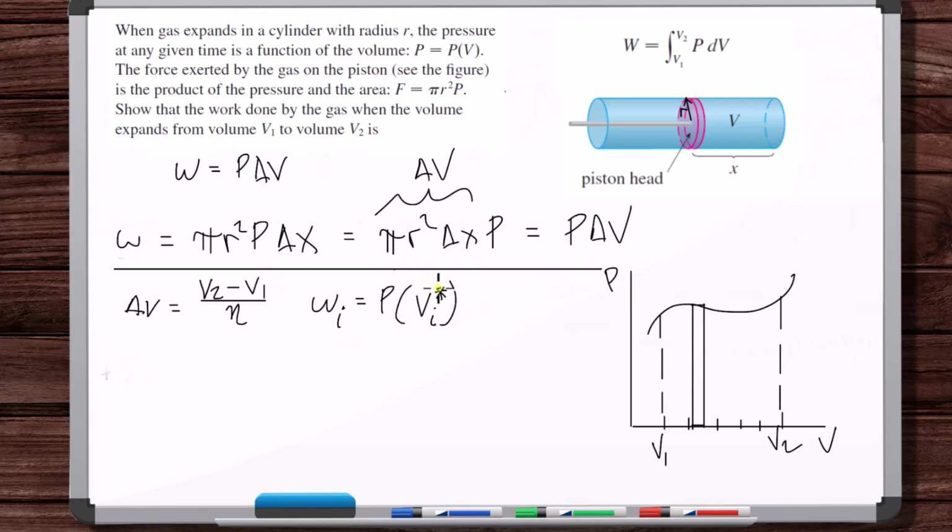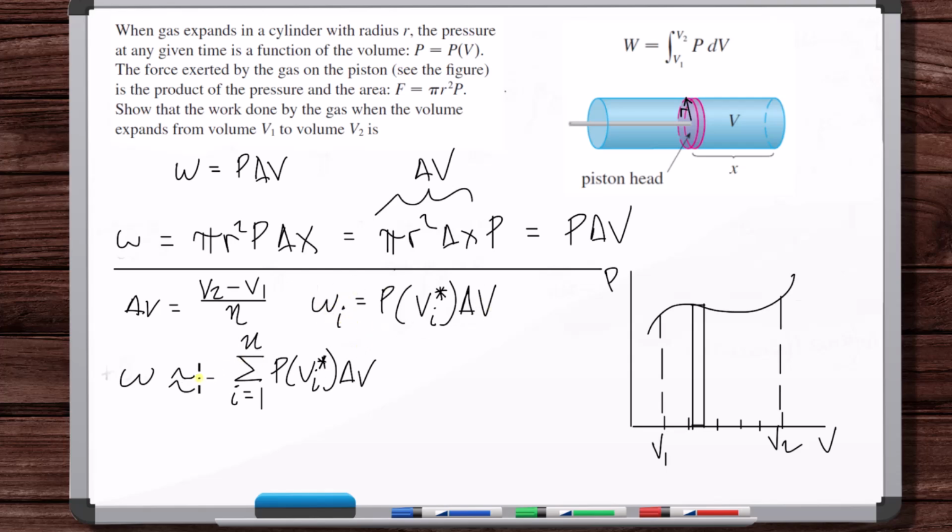So it's that P times the delta V. Okay? So now the work done in the process is approximately equal to the sum from i equals 1 to the n that we choose of P(Vi star) delta V. This is not the work done. This is the work done in the ith subinterval.